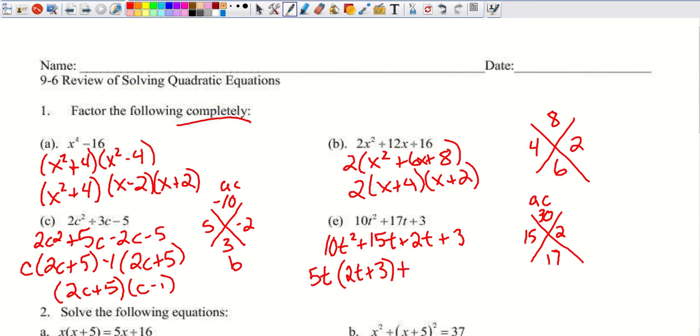And we don't have anything in the second one that's in common, so we take the 1 out, and we still get 2t plus 3. So our inside guys is 2t plus 3. That's one factor. And the outside guys is 5t. Whoa, wrote x there for a second. 5t plus 1. And there's our two factors.